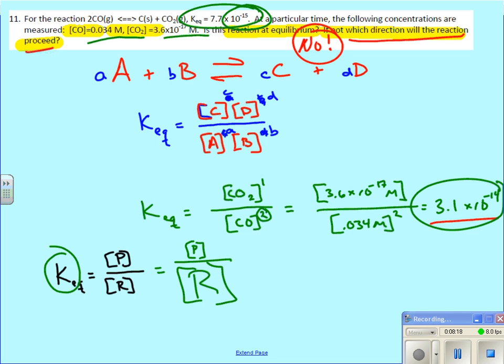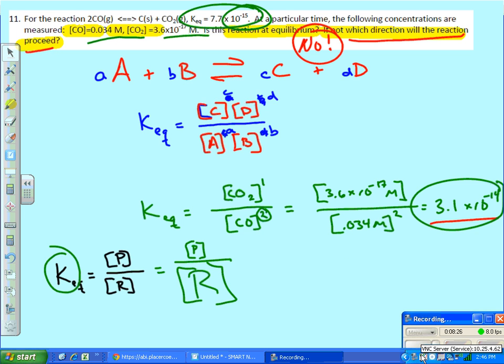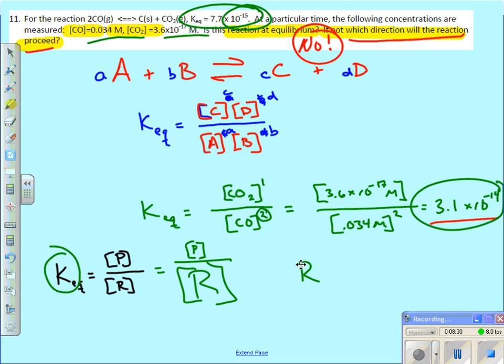So when we're asked which direction would this proceed, we generally read a chemical equation as putting reactants here and products on the right side.